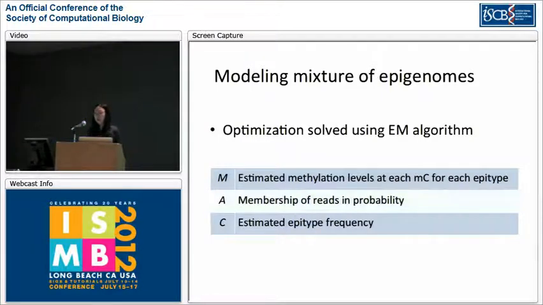And of course, this optimization can be solved using the EM algorithm, the expectation maximization algorithm. So in the end, what we obtain is estimated methylation levels at each cytosine on each epitype. And we'll also have membership of reads in probabilities, and of course, estimated epitype frequency. So this is really the core of the method.